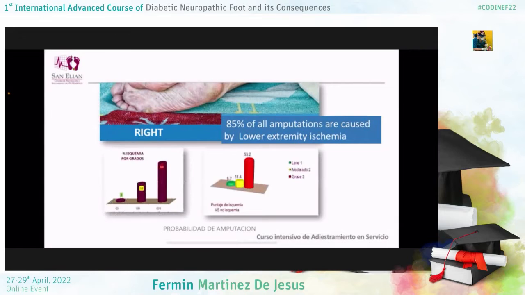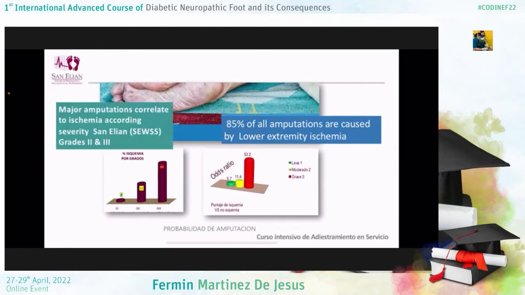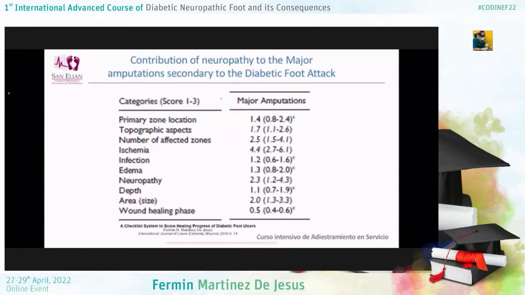It's important to identify the contribution of each variable that San Elian included in his published report since 2010. The major amputations correlate to ischemia according to the three severity grades of San Elian, mainly grades 2 and 3.